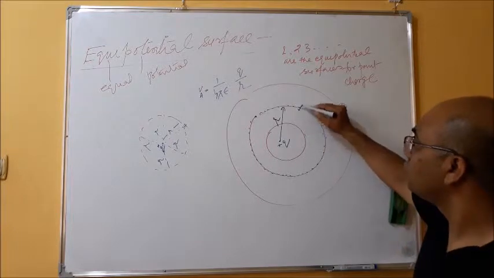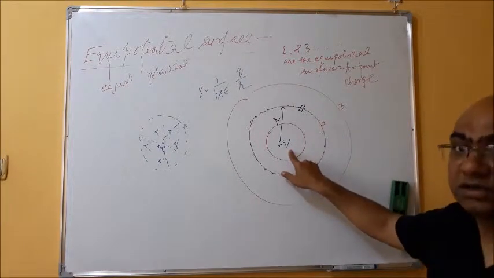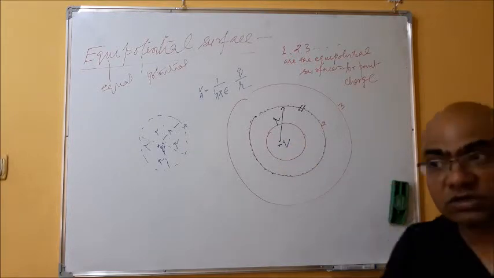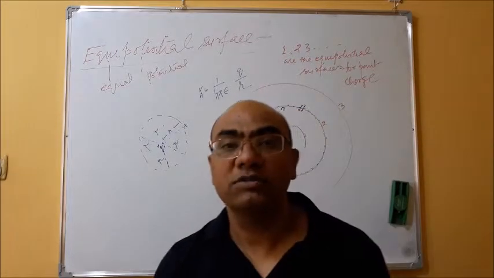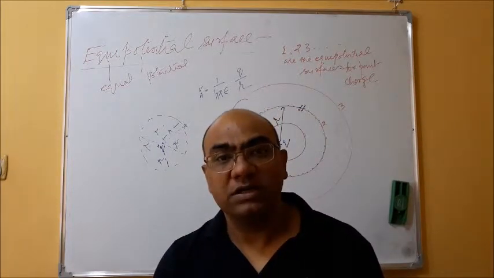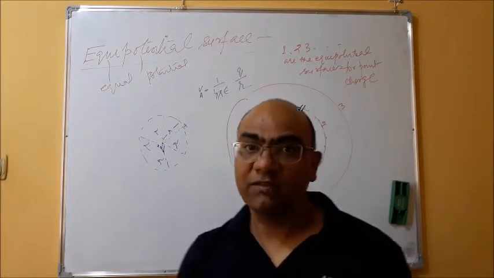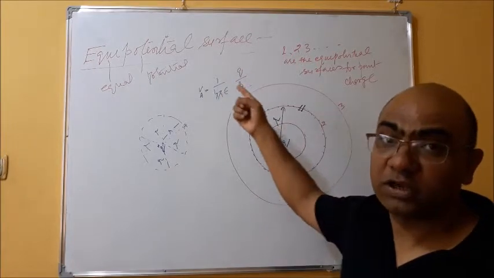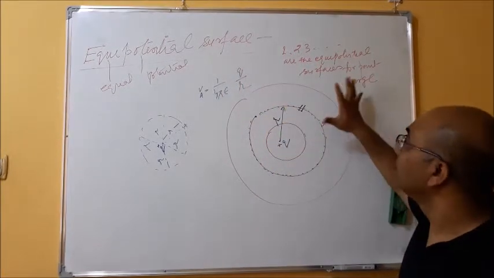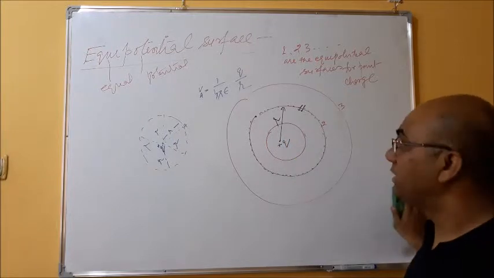So this surface 2 is an equipotential surface for this point charge. If the question comes how many equipotential surfaces are possible for a point charge, there are infinite, because whenever we change the value of radius, we get a new equipotential surface.